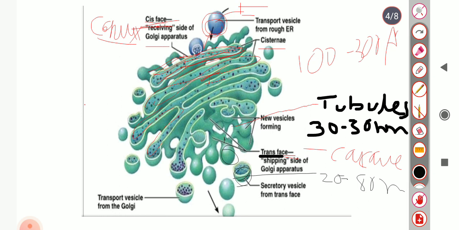Coated vesicle or rough vesicle contains membrane protein. These are the rough vesicles and these are the smooth vesicles. The smooth vesicle has a smooth surface and contains secretory substance, and hence is known as secretory vesicle. Means a smooth vesicle is called a secretory vesicle because it contains secretory substance, and the rough vesicle contains coated protein, membrane protein.